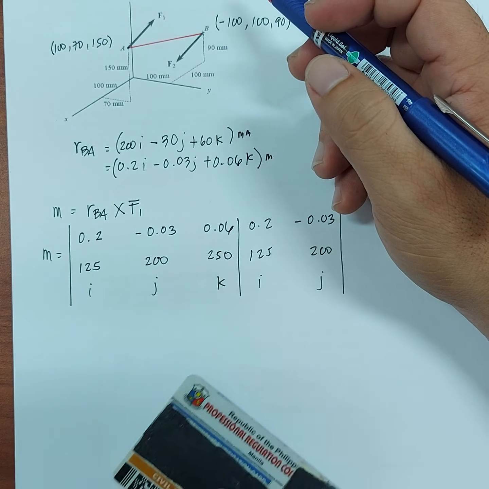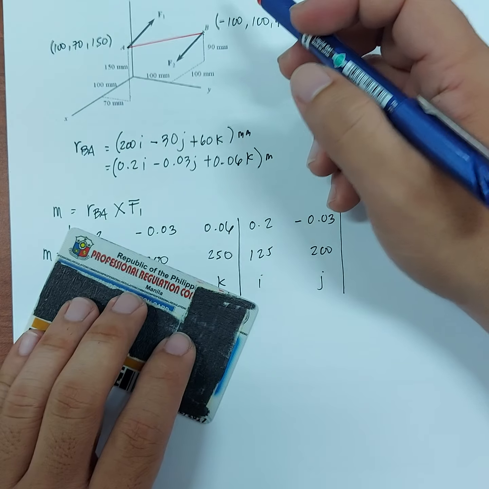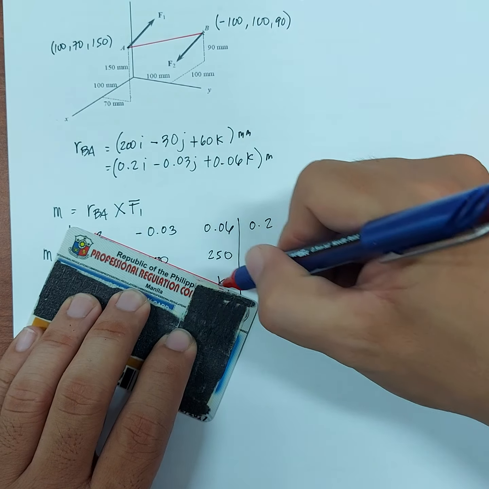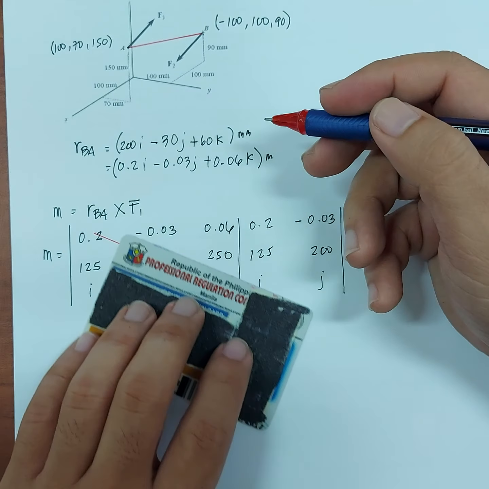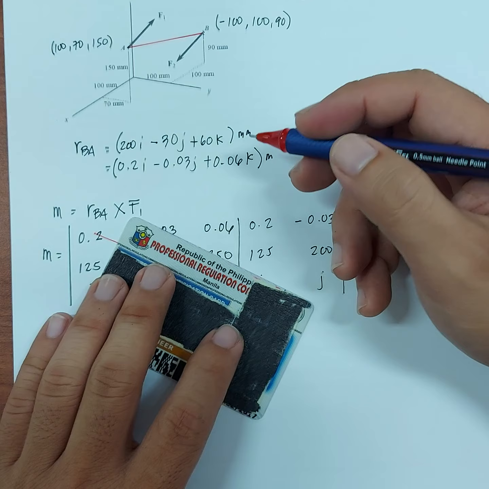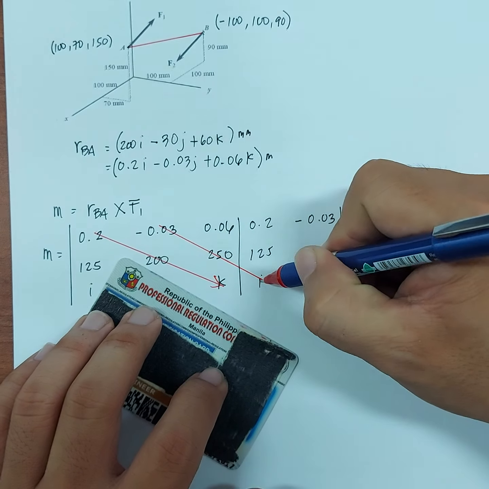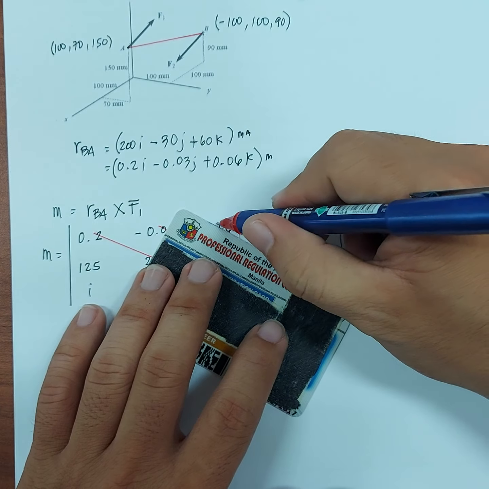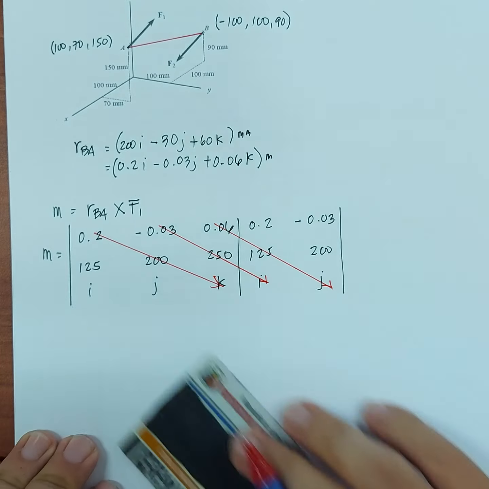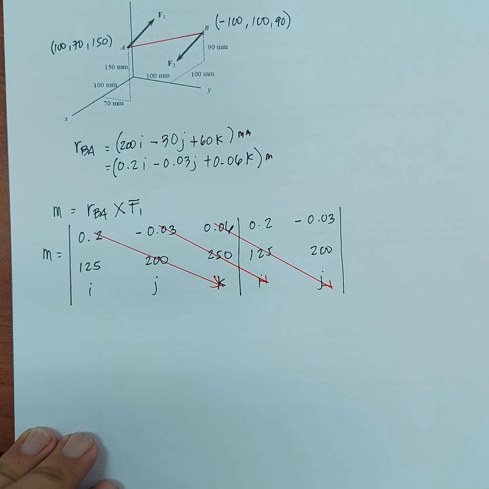Okay? Then perform basket method. So, i-multiply lang natin yung nasa gasaan ng linya natin.